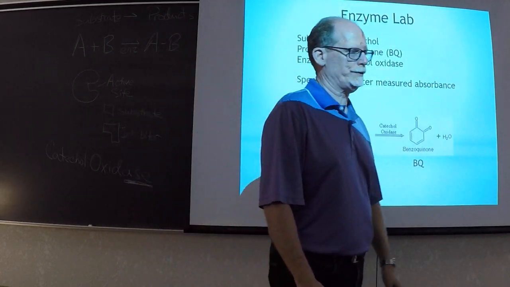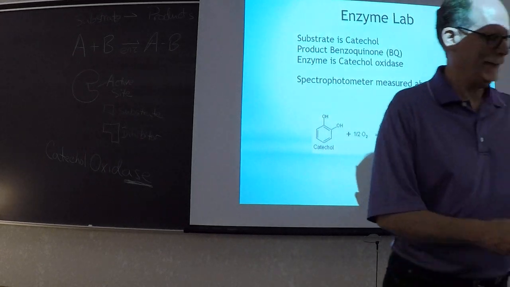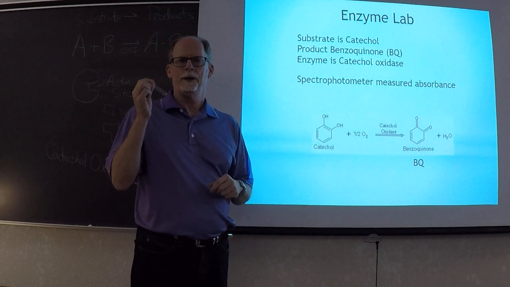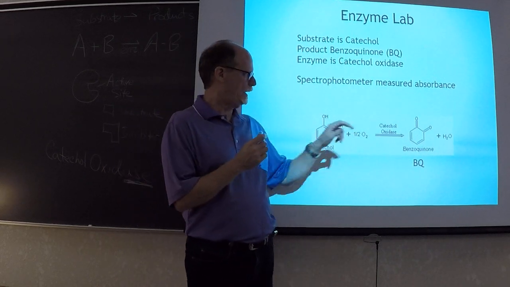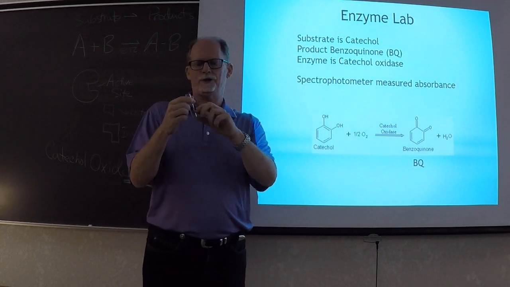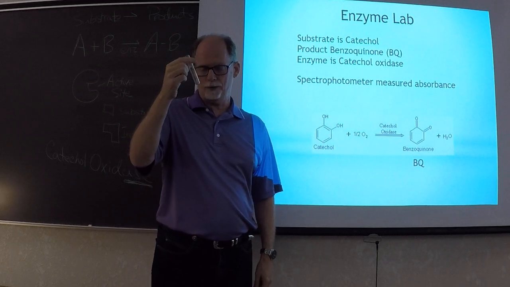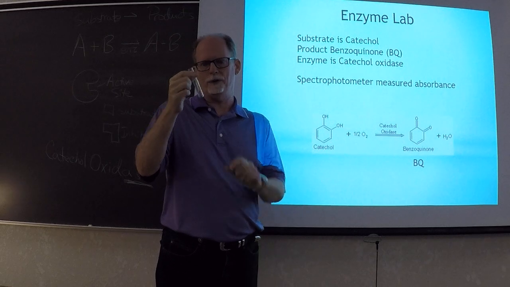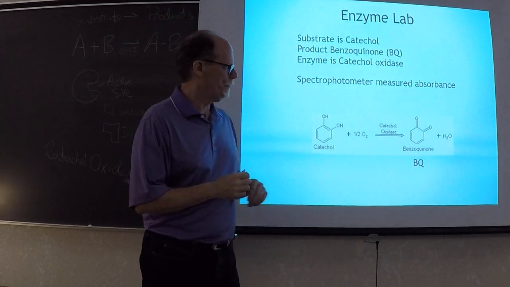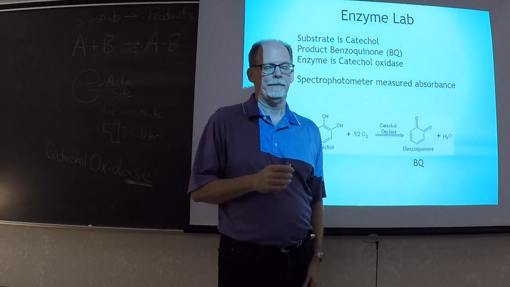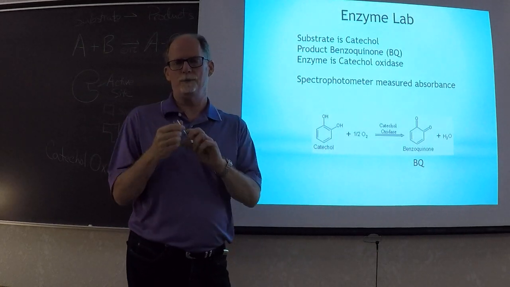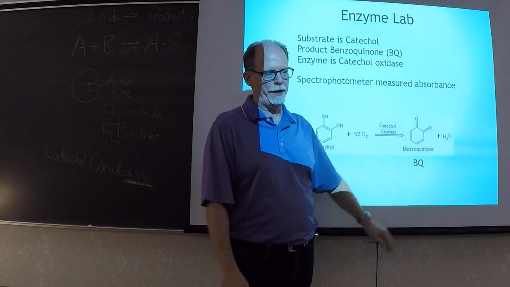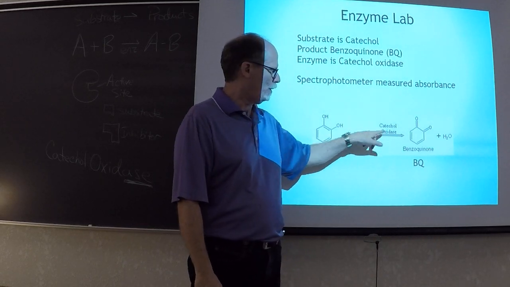We take a test tube like this, add catechol to it, and add catechol oxidase, potato extract, to it. If we sat there and watched it, it would take some time. It would gradually get more and more brown over time. If we put it in a spectrophotometer, it would give us a quantity on just how brown it's becoming, or just how much of the product is being produced by catechol oxidase.